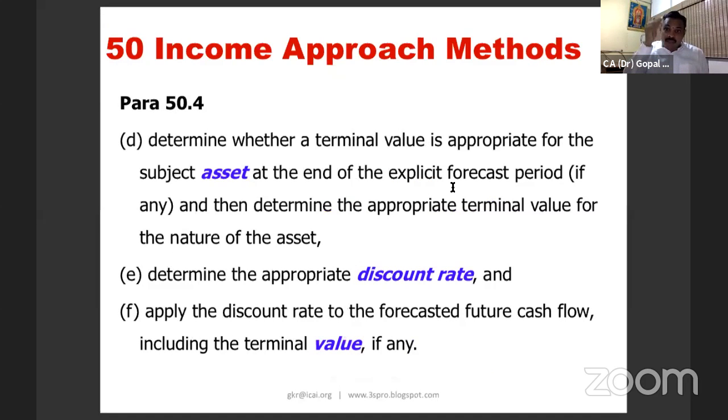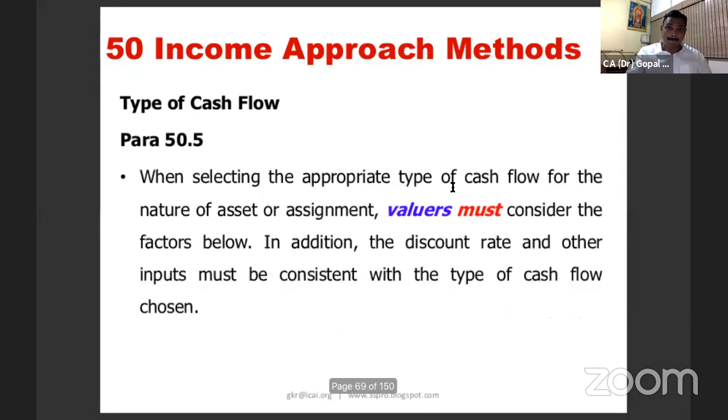Determine whether terminal value is appropriate for the subject asset, para 50.20 to 50.22. Determine the appropriate discount rate, para 50.29 to 50.40. Oh my God. So let us see one by one.